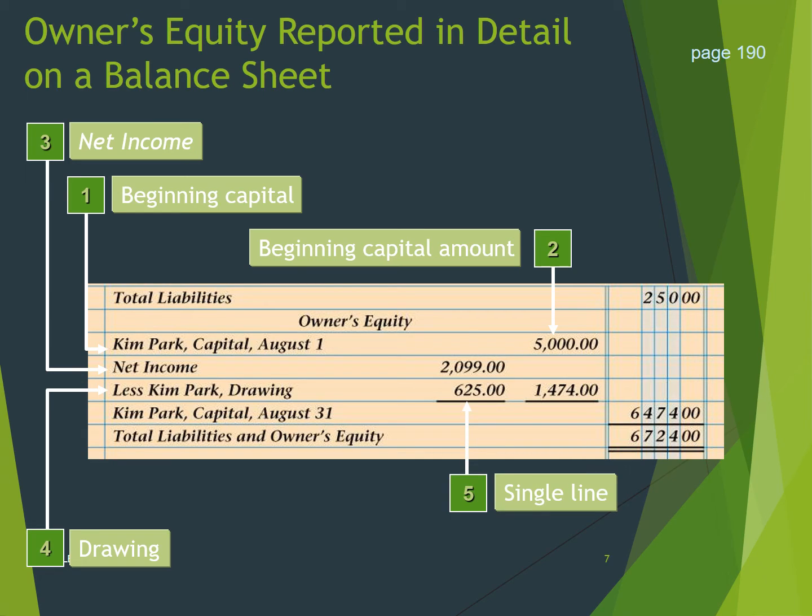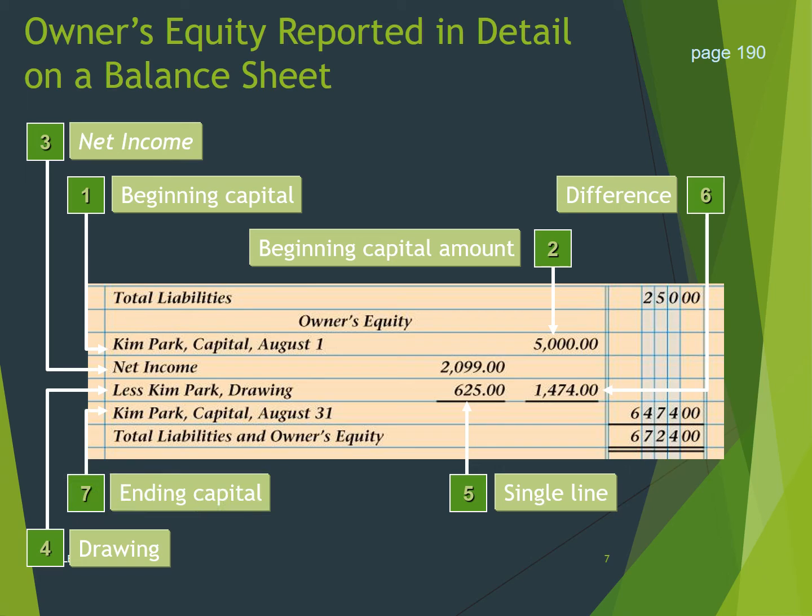Then we are going to draw a single line, and we need to find the difference between our net income and the amount of money that Kim Park withdrew during the month. We will then record that difference underneath the $5,000 that we had for our original capital account.